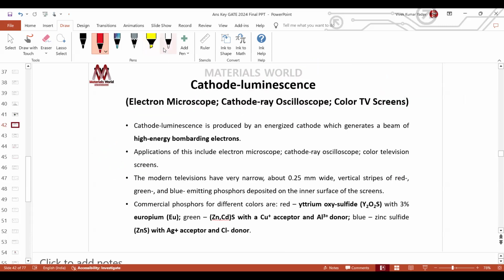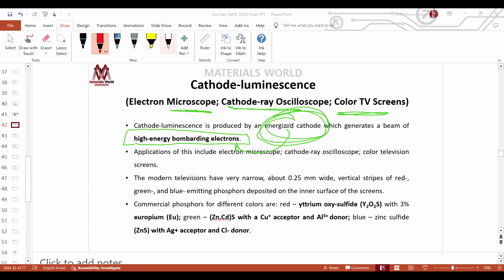Now for cathodoluminescence, the applications are electron microscopy, like the cathode ray oscilloscope or cathode ray tube, that you know, color TV screens. They are the applications where the energy source is the high energy bombardment of electrons. An energized cathode generates the high energy bombarding electrons.